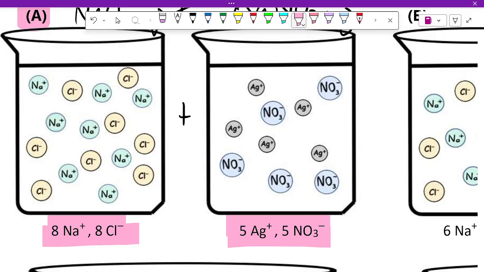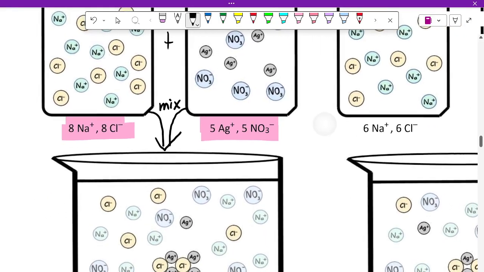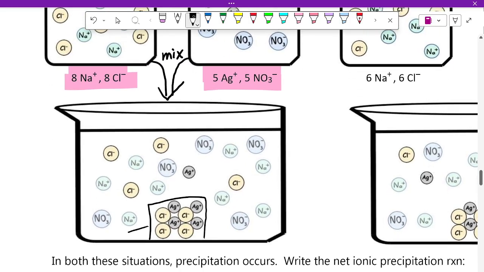Now we're going to pour them together. We're going to mix, and we get the match, which is our precipitate.